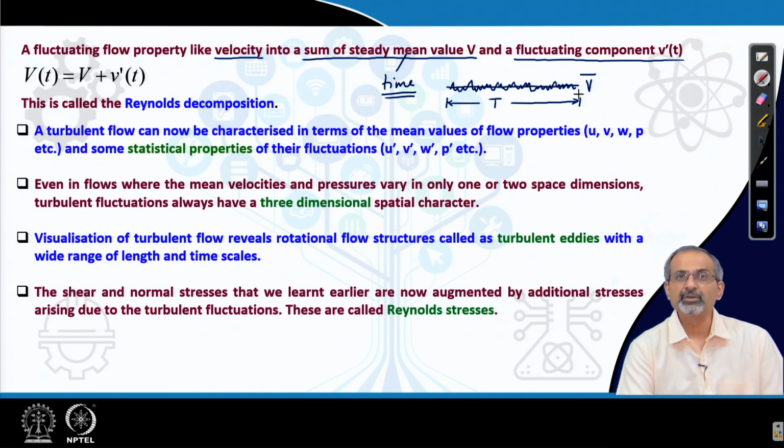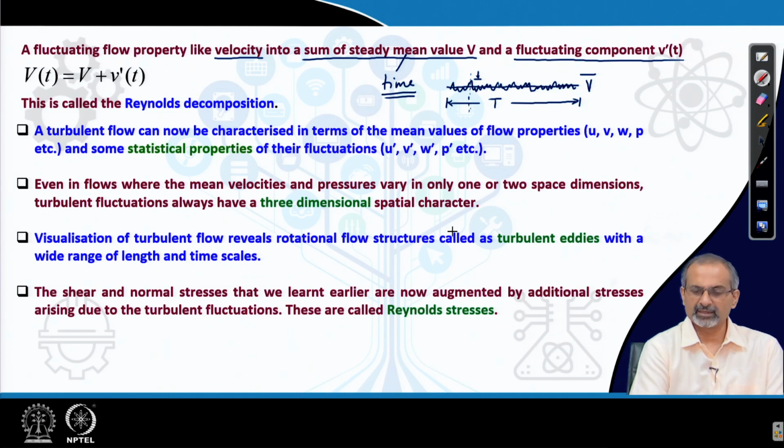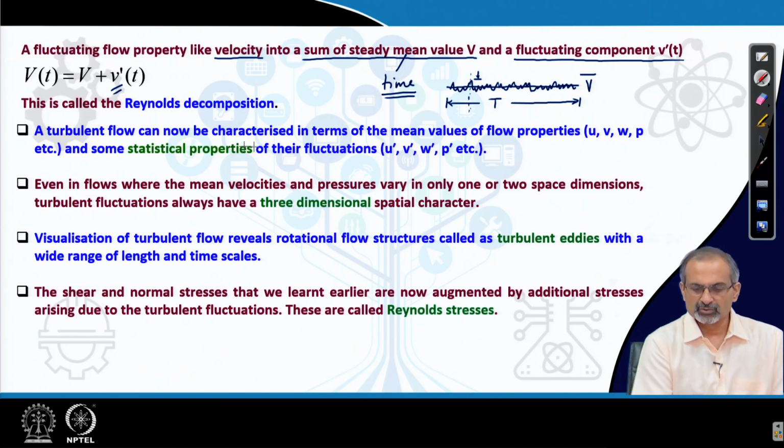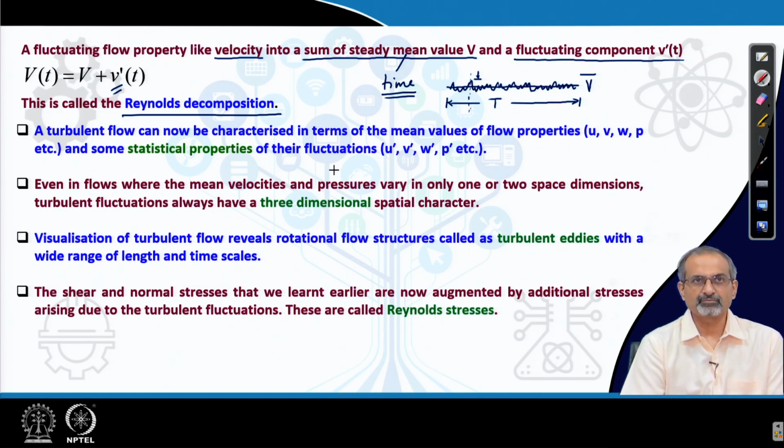And the difference between that mean and the fluctuating part at any particular time instant will be expressed by the difference, and that is essentially the V dash, which is obviously going to be a function of time. So, this is what is called the Reynolds decomposition of turbulence.